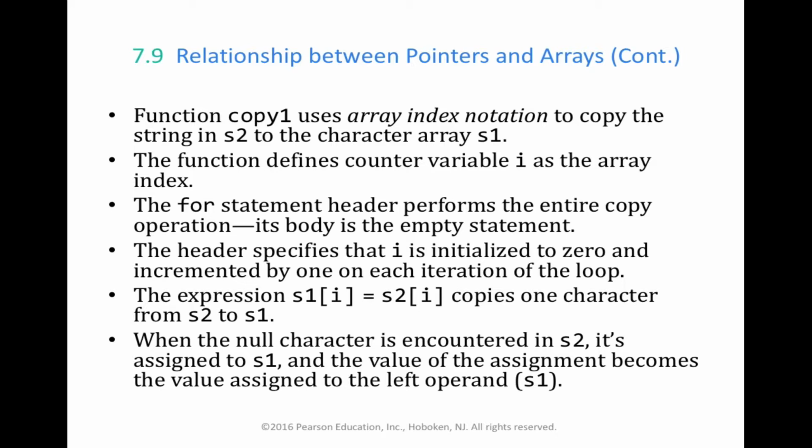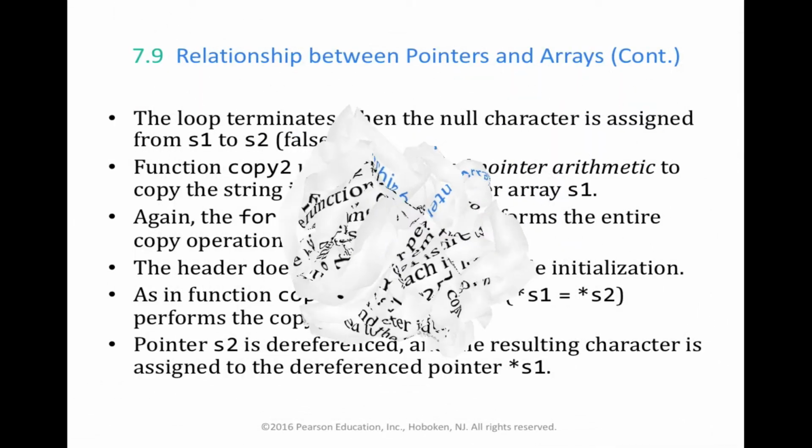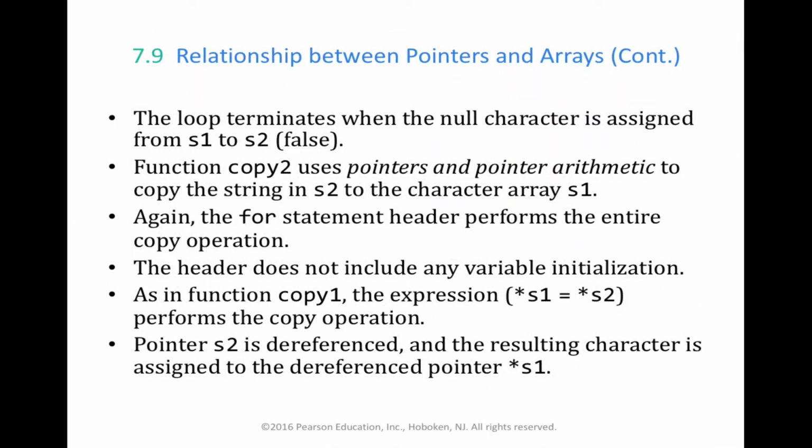When the null character is encountered in s2, it is assigned to s1, and the value of the assignment becomes the value assigned to the left operand, which is then tested, and so that loop terminates. Copy 2 uses pointers and pointer arithmetic to copy the string from S2 to the character array at S1.